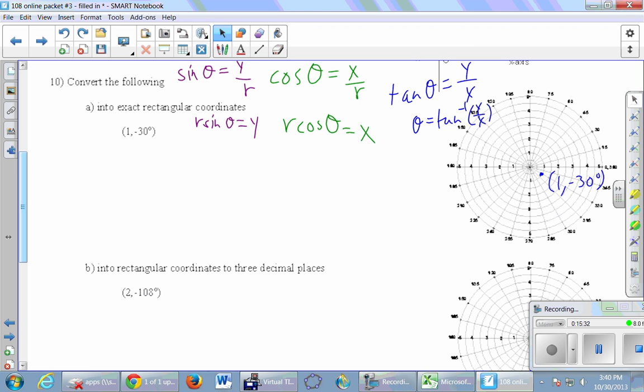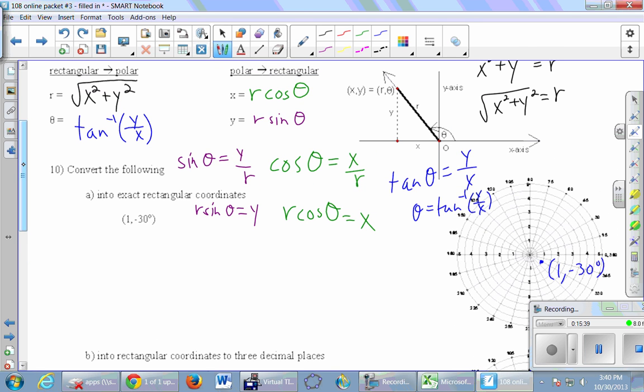Okay, so in order to find the x and the y, we just have to use the formulas that we've got up there on the right. So we know x is r cosine of theta, and this is the r, and this is the theta. So r is 1, cosine of negative 30 degrees. You could type it in the calculator, but this one says exact, so I think that means we need the radical versions of things. So cosine of negative 30 is the same as cosine of positive 30, which is root 3 over 2.